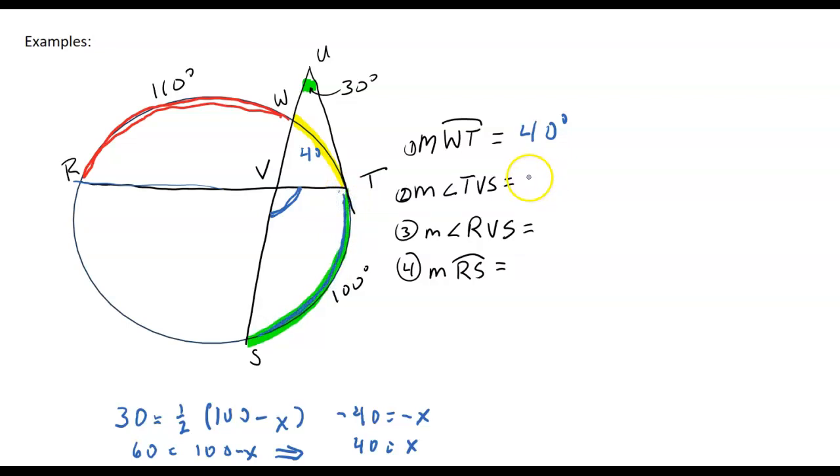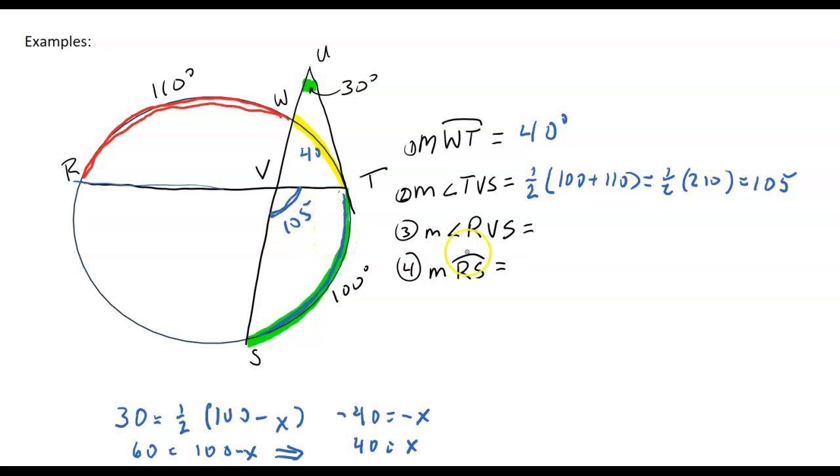Okay, now since that's an inside angle, we're going to do half the sum. So that's half of 100 plus 110, which is half of 210, which is 105.